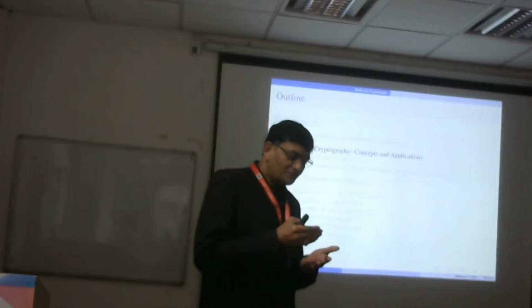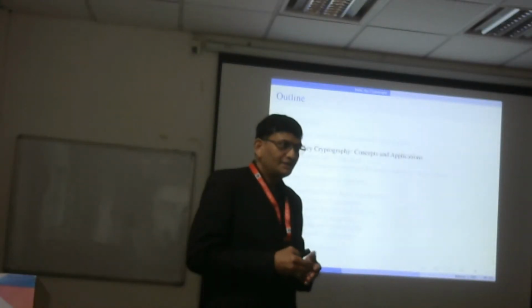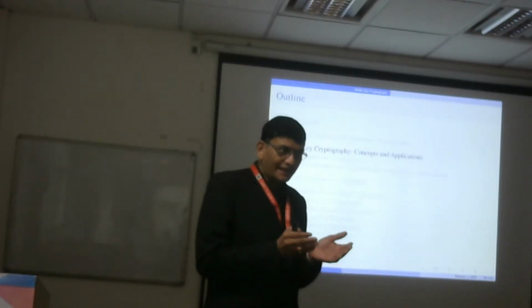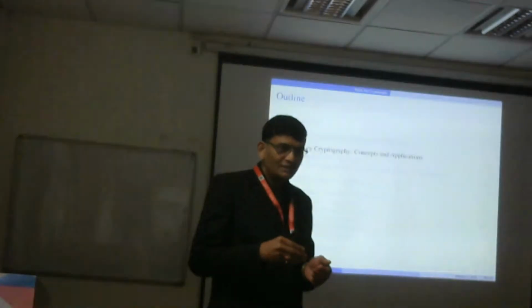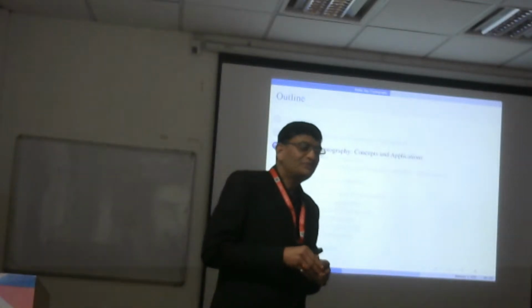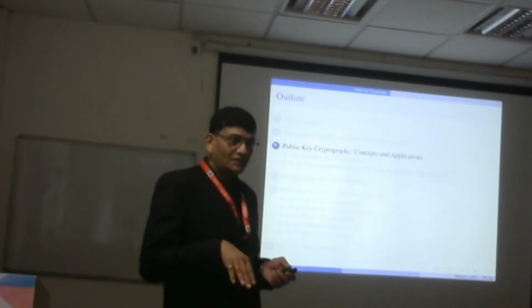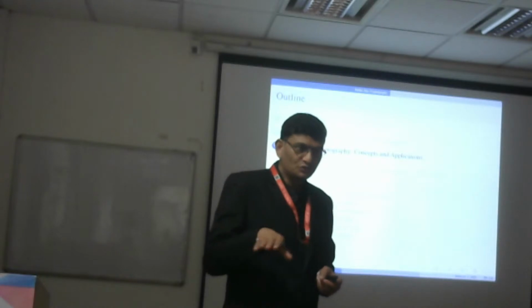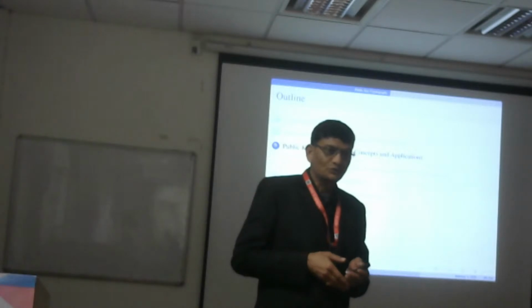Suppose we are using AES 128, which has a brute force complexity of 2 to the power 128. With a quantum computer, we have a quantum algorithm called the global search algorithm that reduces this to its square root, that is 2 to the power 64.